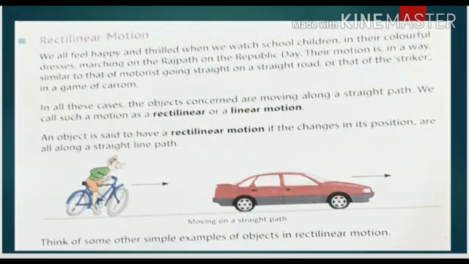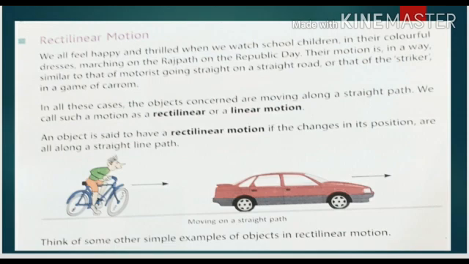Here we are taking the first one, that is rectilinear motion. We all feel happy and thrilled when we watch school children in their colorful dresses marching on the Rajpath on Republic Day. And we can compare their motion with motorists going on a straight road, or that of the striker in a game of carom.